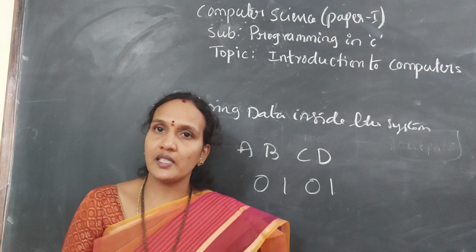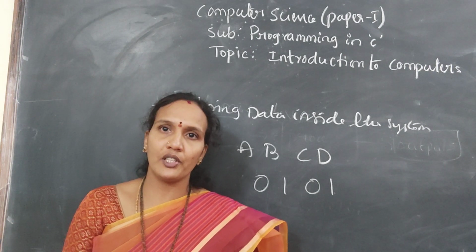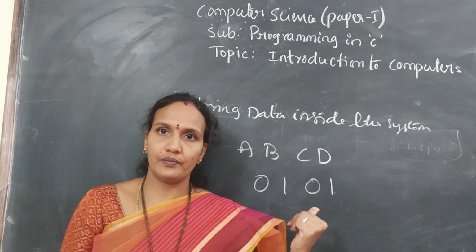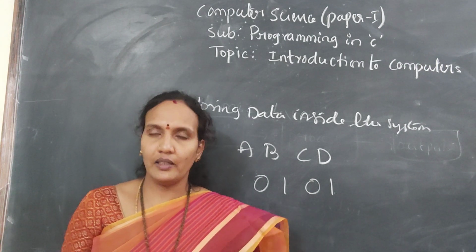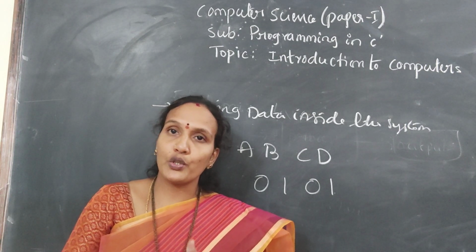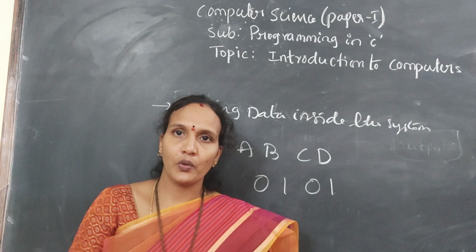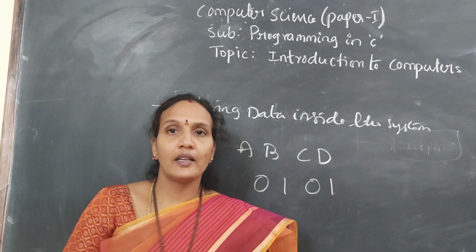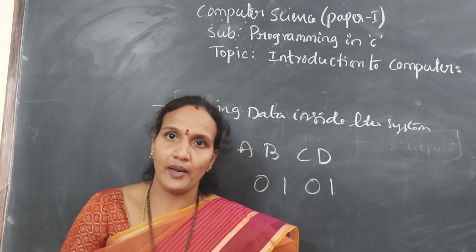So the computer will understand only machine language, and that machine language contains binary digits. Understood? So whatever information you enter should be stored inside the system, but the system will store data in a digital, number format.